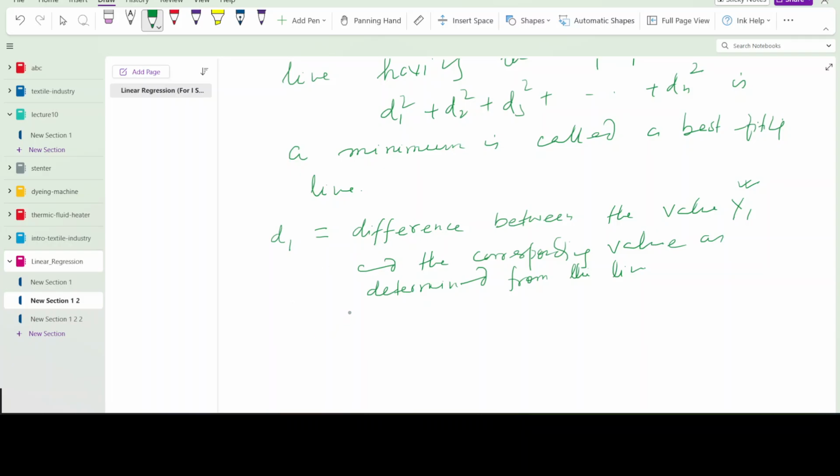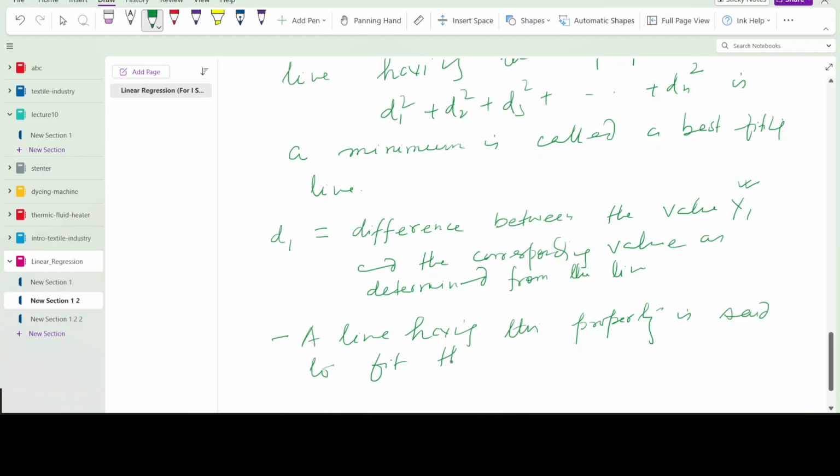We have just defined the best fitting line: a line having this property, that the sum of d1 square plus d2 square plus d3 square plus dn square is minimum, is said to fit the data in the least squares line.